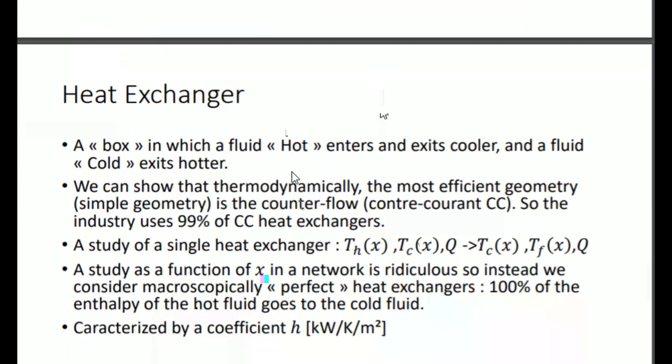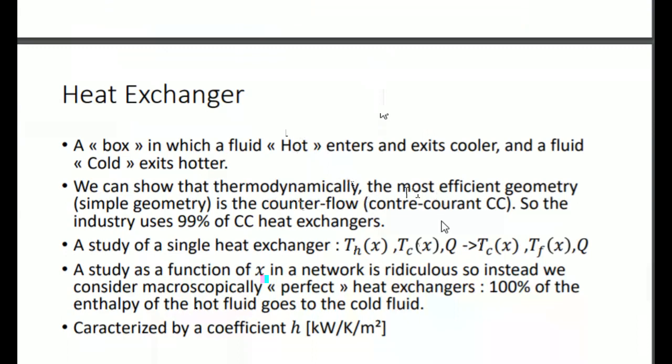So the industry uses mainly what I call CC, contre-courant, meaning counterflow geometries. So we use either that or geometries that are inspired as a high percentage of counterflow, so CC heat exchangers, and we will use that for our study.